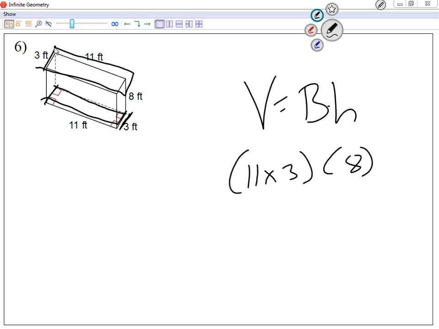Prism cylinders have two bases. The height is always the distance between the bases. Okay. So 11 times 3 is 33, times 8, 264.